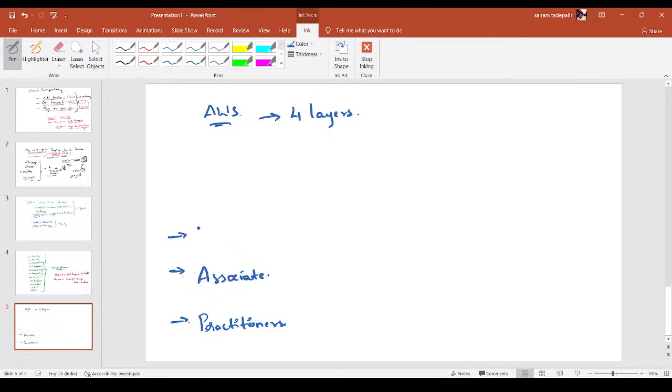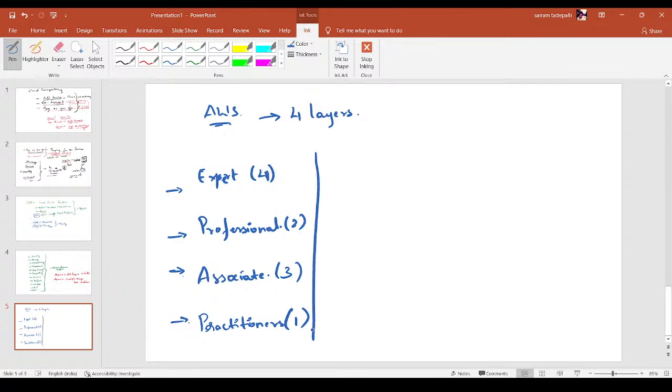The third one is professional. The fourth one is expert. Okay, in practitioner only one type of certification is available. In associate 3 types, professional 2, and expert 4. So these are the 4 layers in AWS, Amazon Web Services.